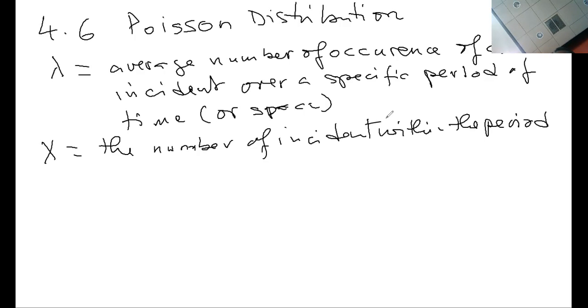Okay. So X is the number of incidents within the same period. For example, if we say the number of accidents within a day, X will be the number of accidents in a day.